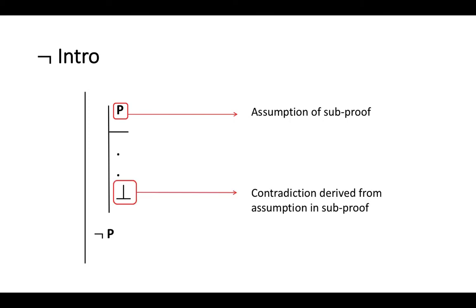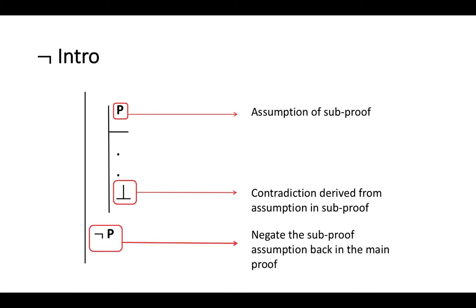This is how it works if you want to derive the negation not P. So first, you start a new subproof and assume P. This corresponds to the assume for contradiction step in an informal proof by contradiction. Second, you show in the subproof that P leads to a contradiction. And then finally, back in the original proof or subproof, you write down the negation not P.